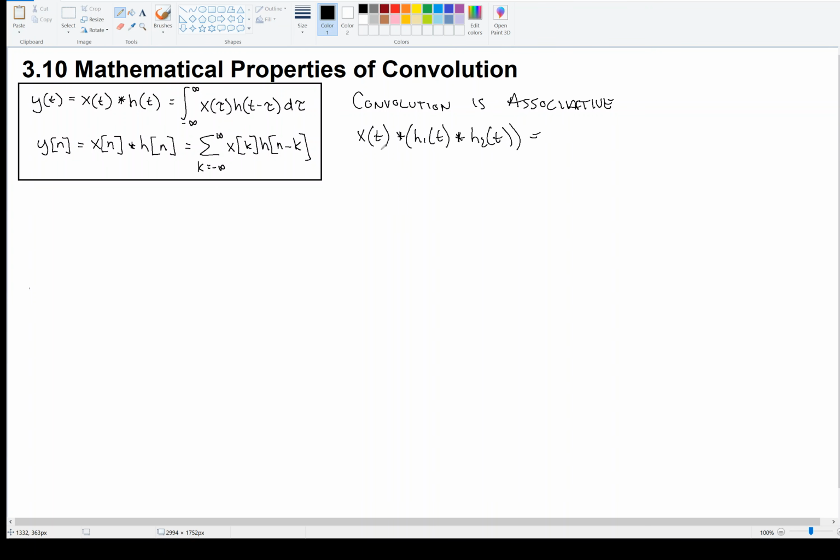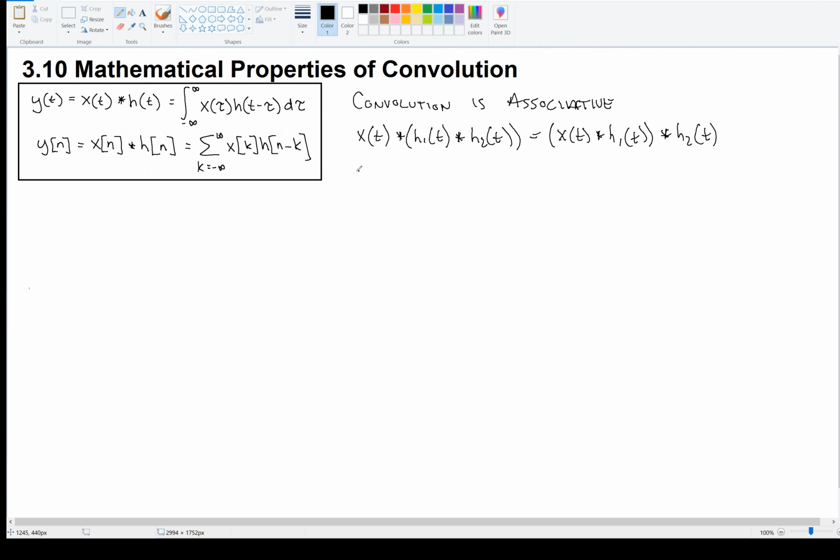So if I have three convolutions, I can choose which two I'm going to convolve first. So I can move the parentheses around. In other words, I can associate H1 with H2, or I can associate X with H1. Those are the same things.